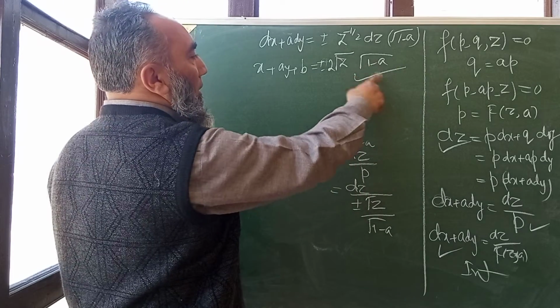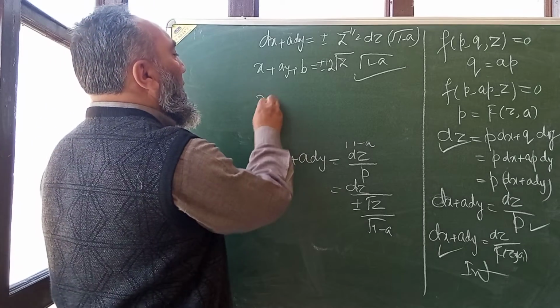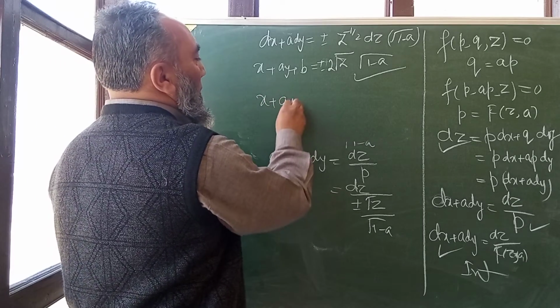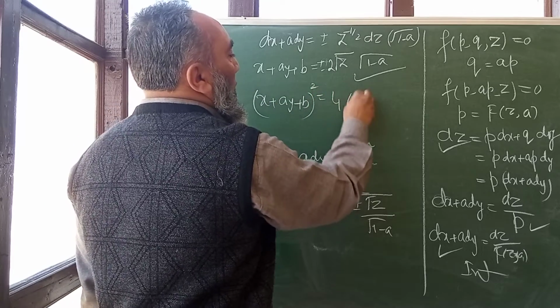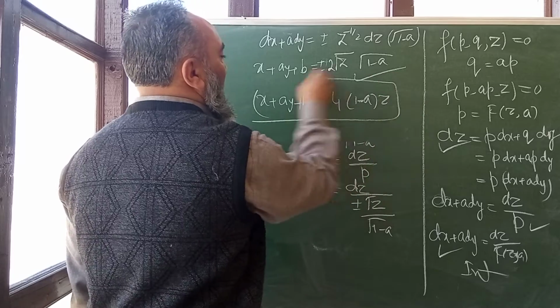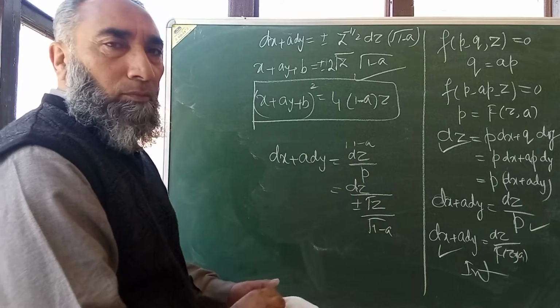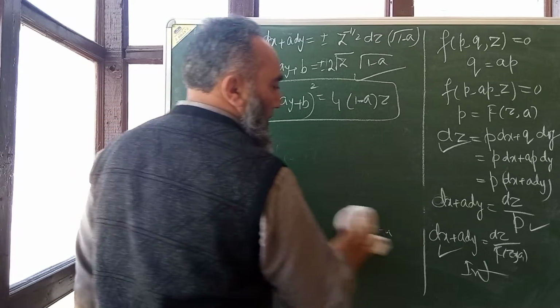It contains as many constants as the number of independent variables. Or you can write in this form, x plus ay plus b whole square equal 4 into 1 minus a into z. This is it. You are at liberty how you write the solution.